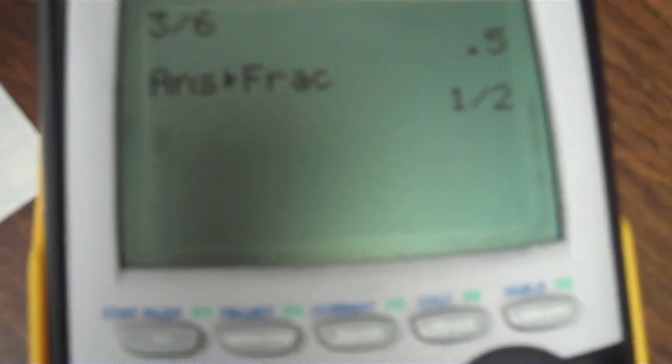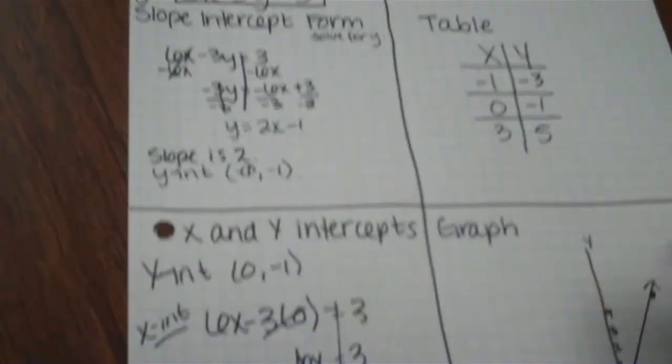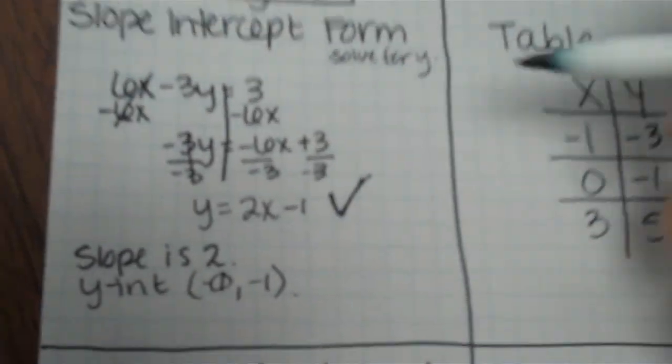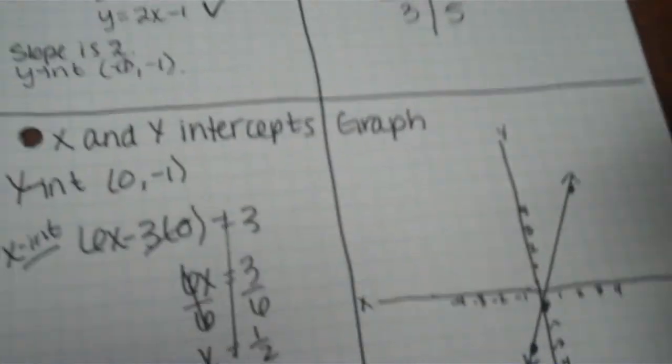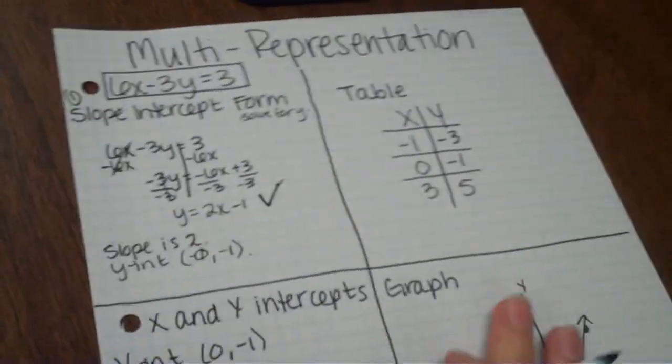So you could put 0.5 or you could put 1/2. It doesn't matter to me. I'll put 1/2. So the x-intercept, remember, this is x and this is y. So 1/2 and then the other thing is 0. Okay? So it's actually not very hard. However, when you're doing this, make me check this answer because if this is wrong, everything's going to be wrong. Okay? So make sure you get this for a graph paper and then you need this for your assignment as well.